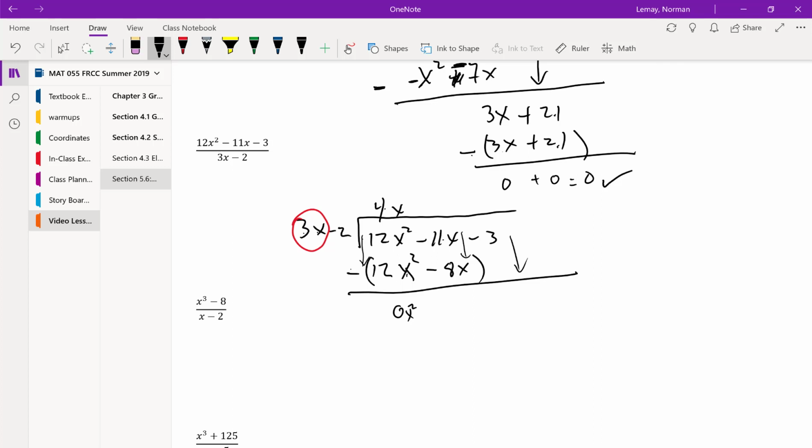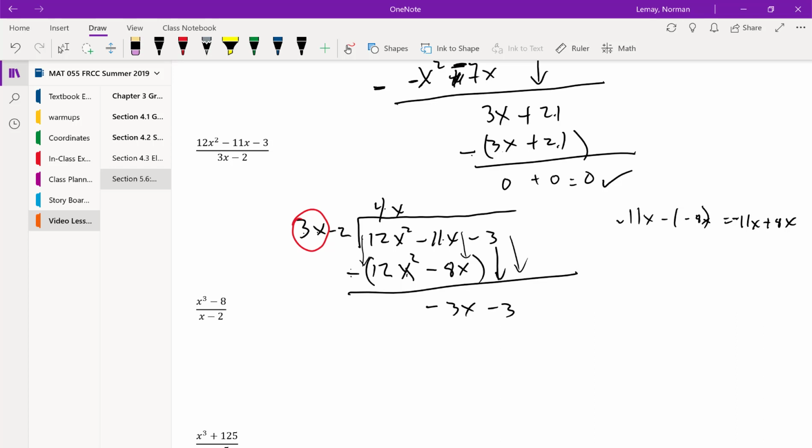So negative 11x minus a negative 8x becomes negative 11x plus 8x. So this right here becomes minus 3x. And then we bring our 3 down, so minus 3.